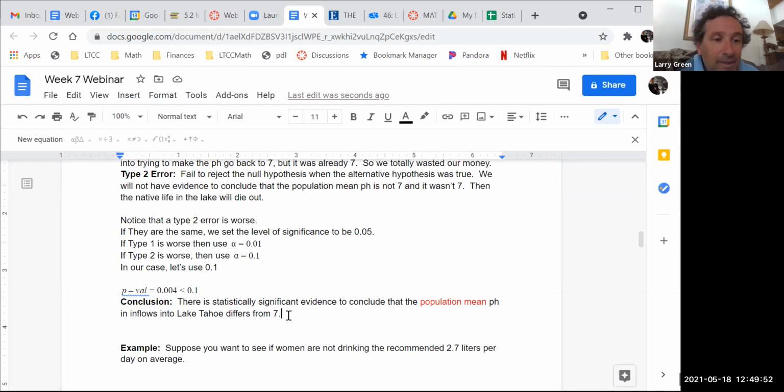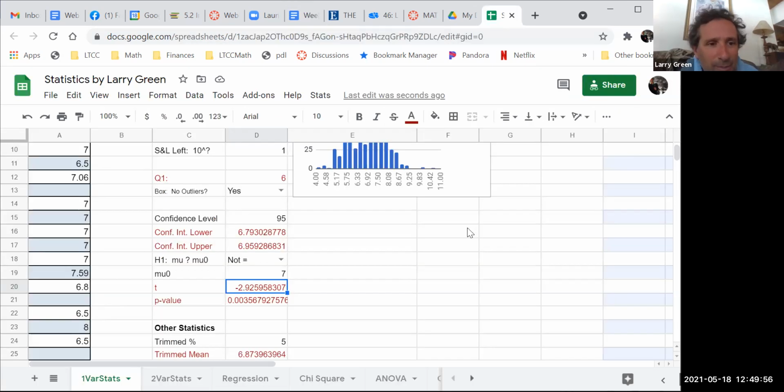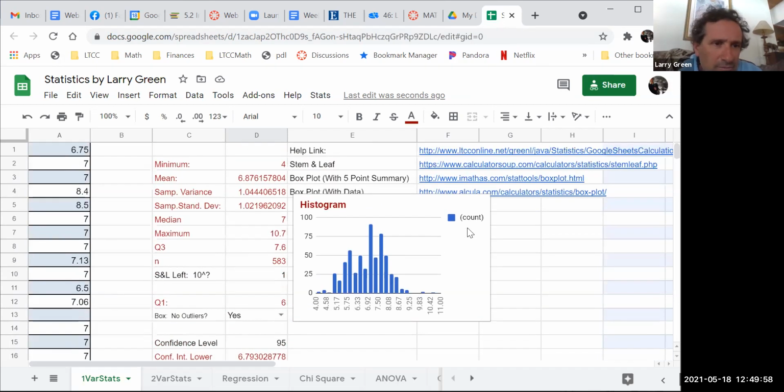Sorry about that. All right, so next, if I go and look at this, by the way, the mean was about 6.9. And here's a question. Is 6.9 dangerous? And I'm not asking you. I'm not going to tell you the answer because I don't really know for sure, because I am not an environmental scientist.